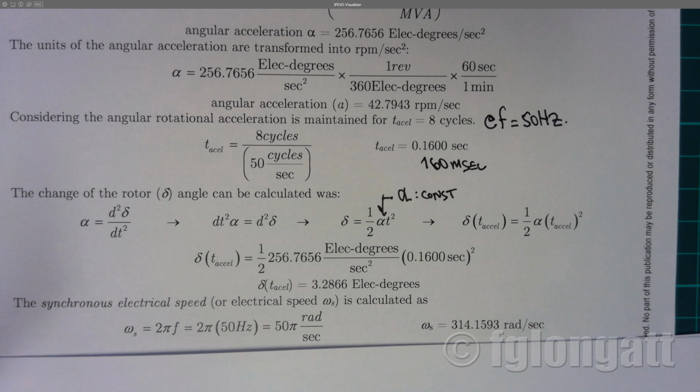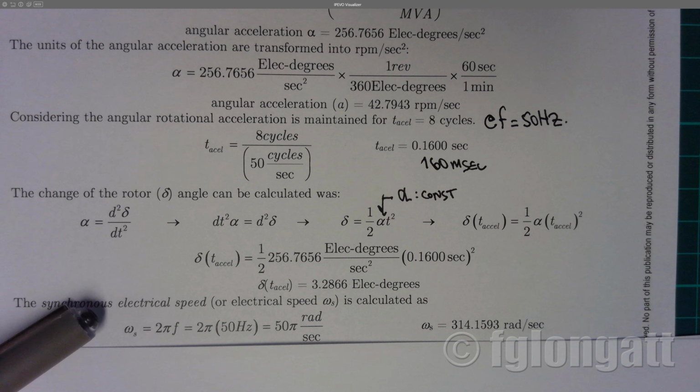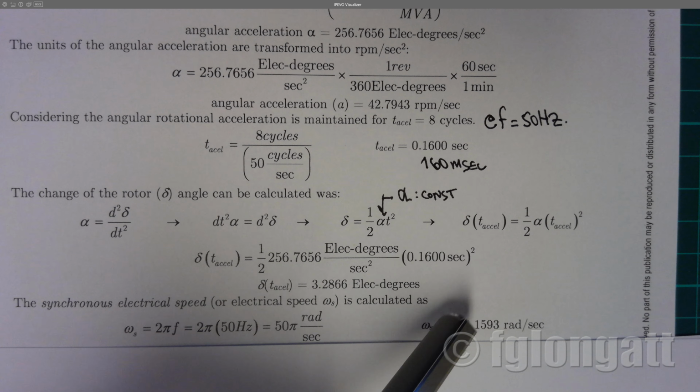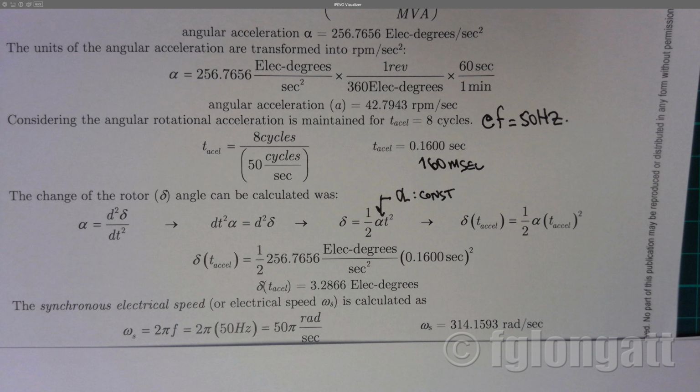And what is the final part? The final part is, let's calculate the synchronous speed. In this case, the synchronous speed is extremely simple: 2 pi multiplied by the frequency, and as you can see over here, the synchronous rotational or electrical speed is 314.15 radians per second.